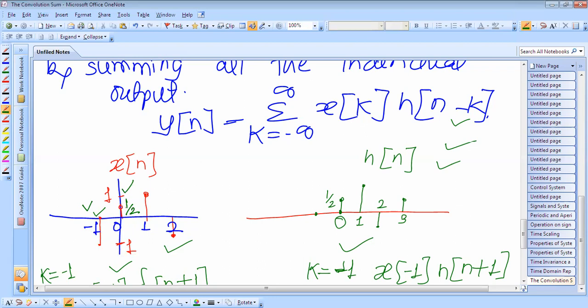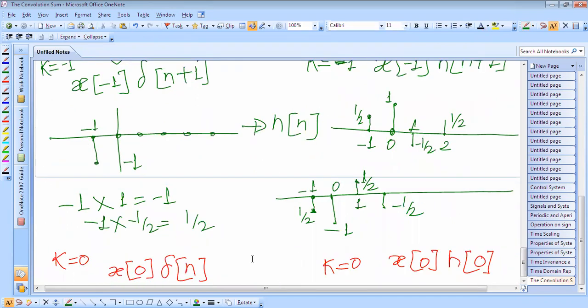Initially it was minus 1, now it is half, then it is 1, and it is again minus half. So one by one we will consider individually. Now we have considered only this minus 1. Now we will consider plus half. Then we will consider plus 1. Then we will consider minus half. Okay. So that is the convolution sum, that means we have to consider individually all the signals.